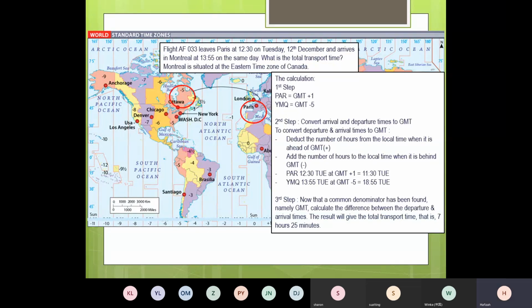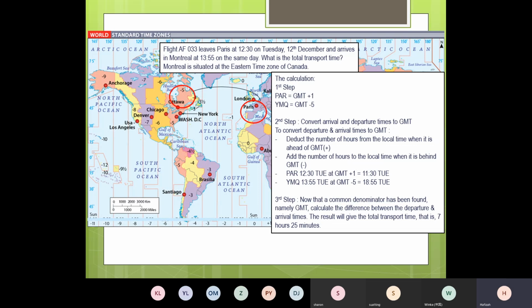Same goes here: flight AF033 leaves Paris at 12:30 on Tuesday and arrives in Montreal at 13:55 on the same day. What is the transport time?